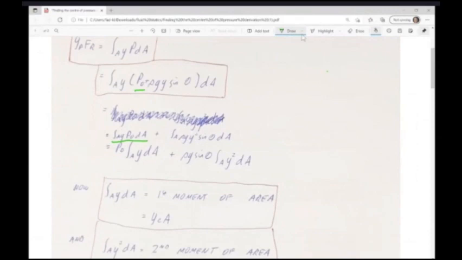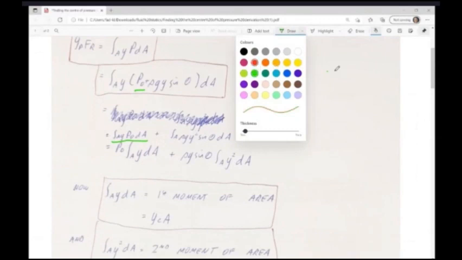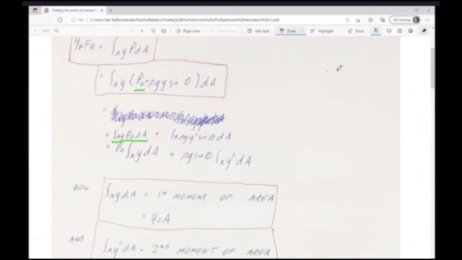This second term, let's change our colours. That second term, rho g y sine theta times y, integrated over the area, is going to be equal to rho g sine theta times y squared dA.